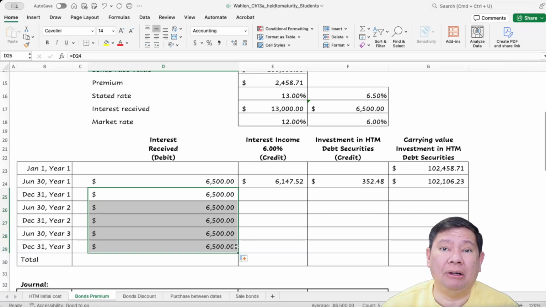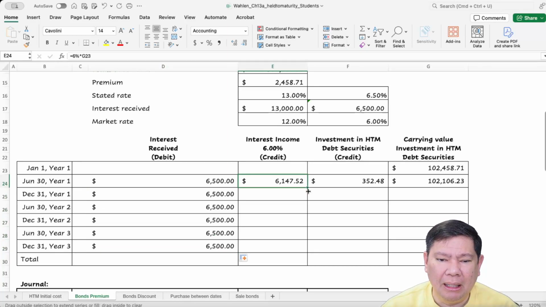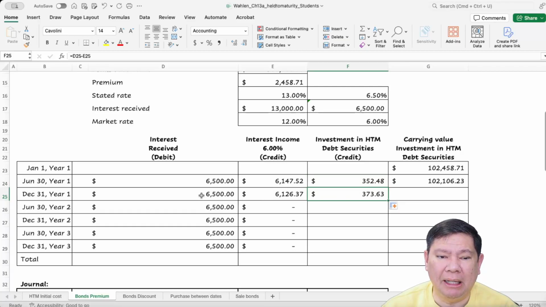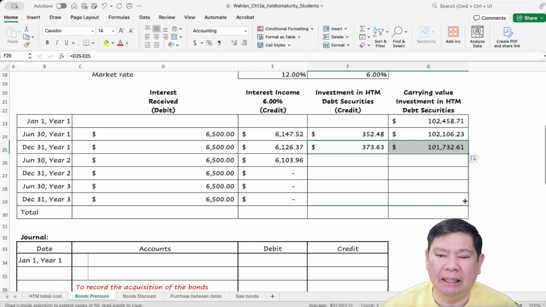And if we keep doing that every 6 months, the interest amount that we're going to receive is always $6,500 as promised, but the interest income is 6% of the carrying value. The difference between the interest received and interest income is the amortization of the premium as well as the change in the security carrying value, and then we can copy it down here.